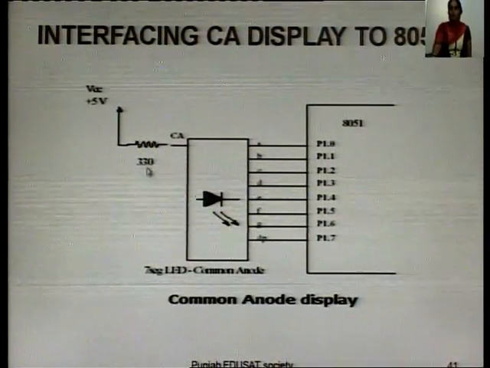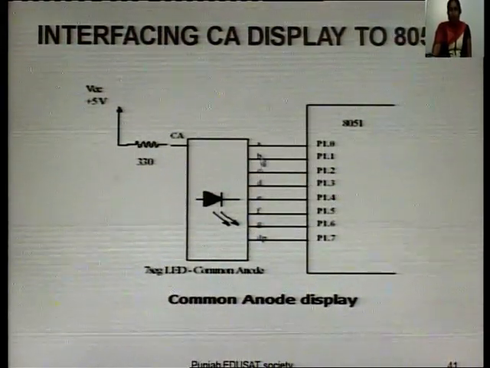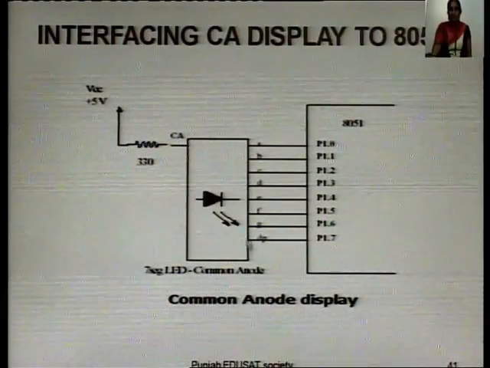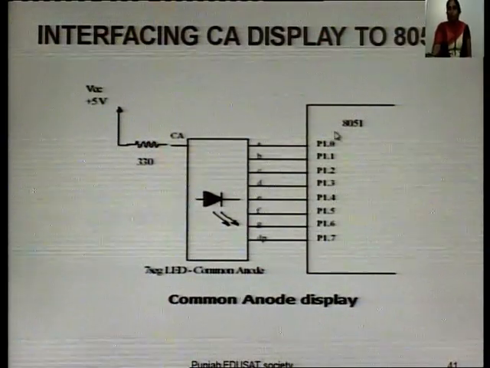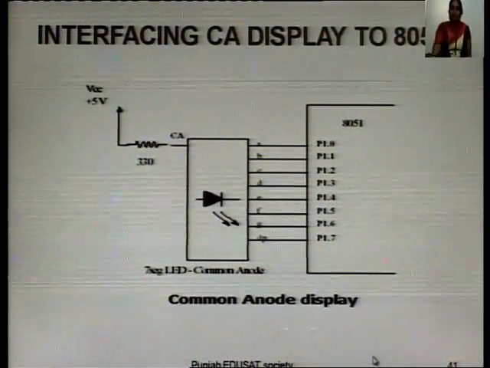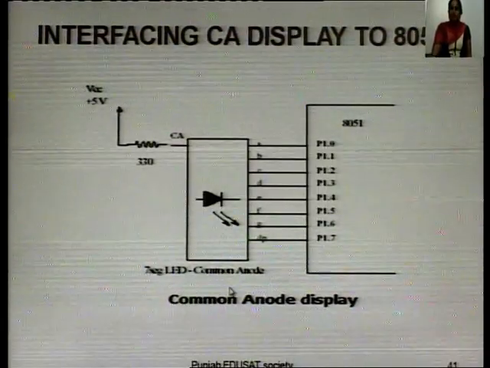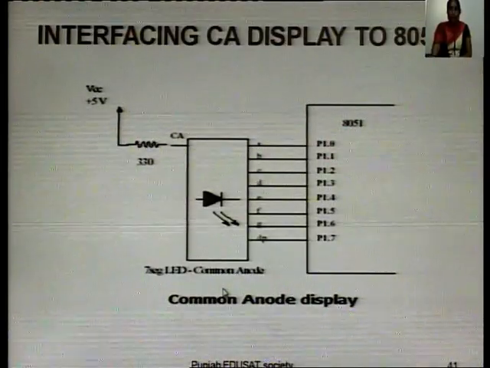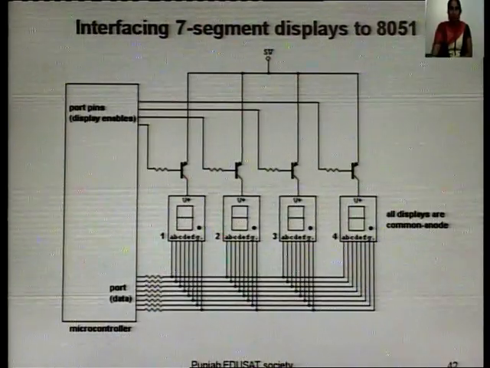It is current limiting resistor, and segments A, B, C, D, E, F, G, these 7 segments, and 8th segment decimal point is connected to the port 1 directly. Here this is the connection for only single display, that is when we use only one 7 segment display unit.